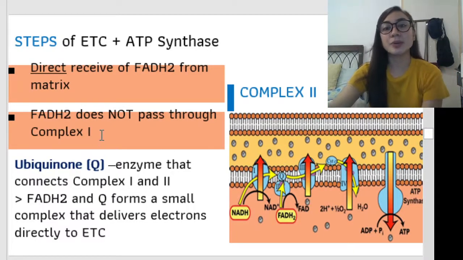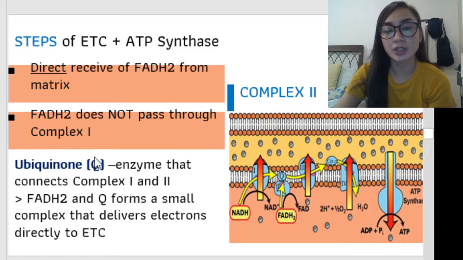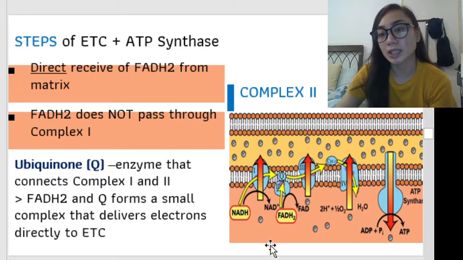Ang ating ubiquinone or ubiquinone Q, ito yung Q, no? It is the enzyme that connects complex 1 and complex 2. So, makikita nyo, yung electrons, it will pass through the enzyme Q. And itong ating FADH2 and Q will form a small complex that delivers electrons directly to electron transport chain.